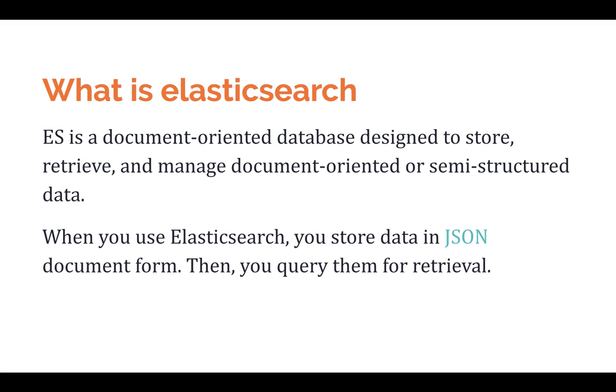Basically, Elasticsearch is a database, or simply you can say it's a NoSQL database which supports big data and which is easily scalable, and it stores the data in the form of JSON documents.